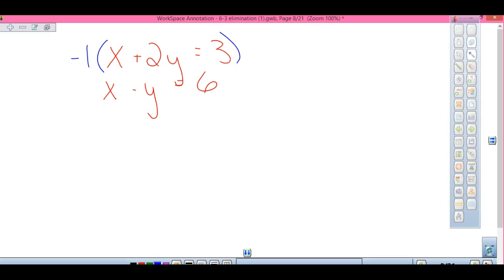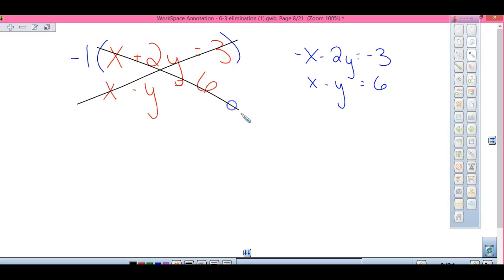Okay, so when I do that, on top I get -x minus 2y equals -3. Good. And then I can just recopy my bottom, the same thing. X minus y equals 6. Okay? And then I'm done with that part.